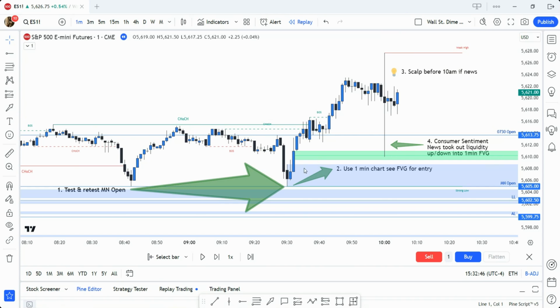So mine would have probably been lower. I mean, just a little bit higher here. Nonetheless, it tapped into this fair value gap, into this premium, and then it stayed above the 730 open. So, let's just see what it looks like if we continue.